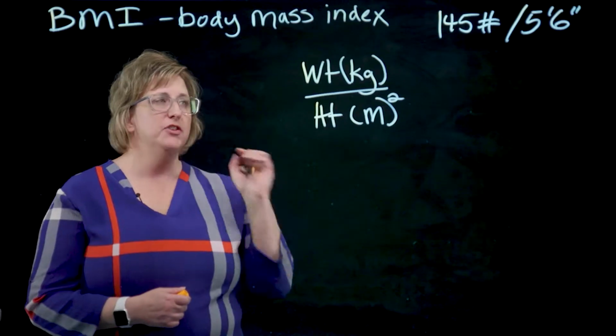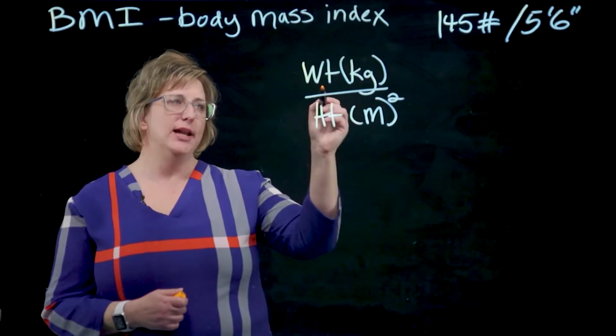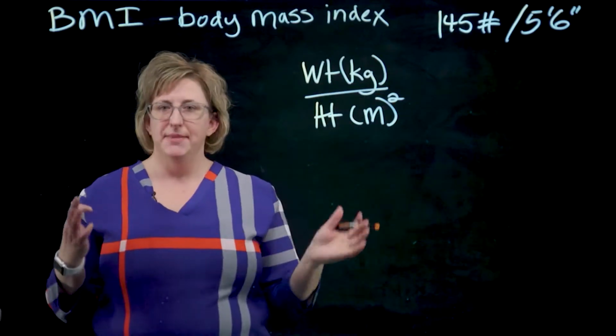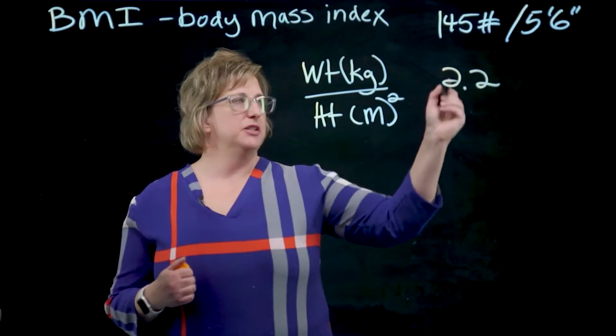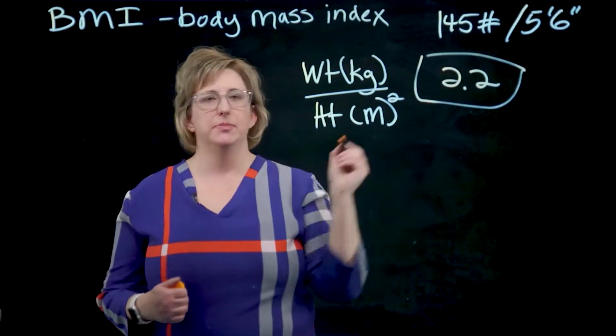If you haven't heard already, when we calculate our weight in pounds into kilograms, the magic number is 2.2. So we have to divide your weight in pounds by 2.2.